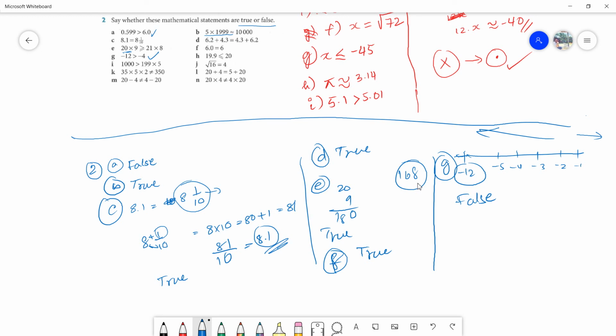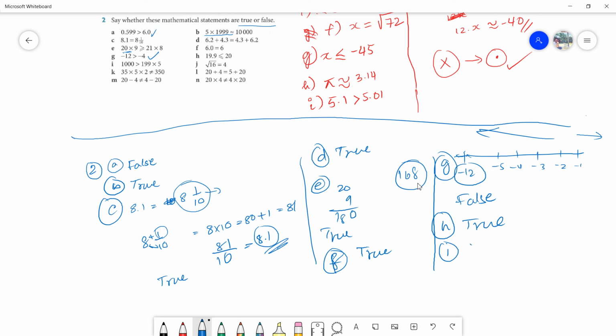Okay, H we have 19.9 is less than or equal to 90. This is true. Then we have I. 1000 is less than or equal to 199 times 5. This is also true.